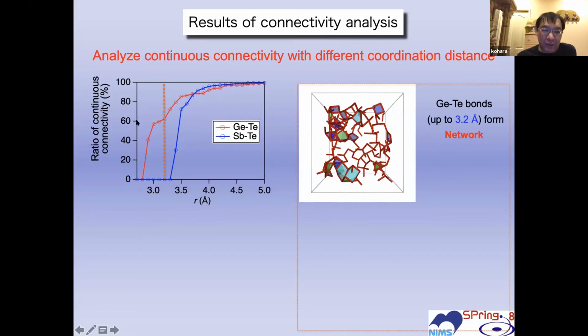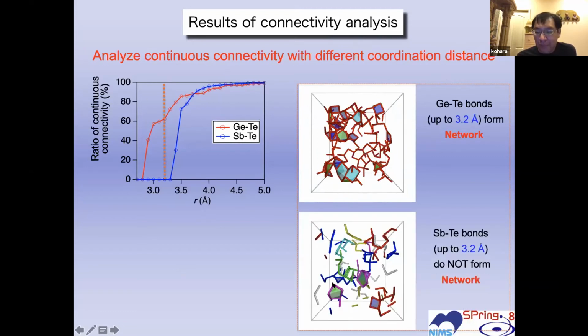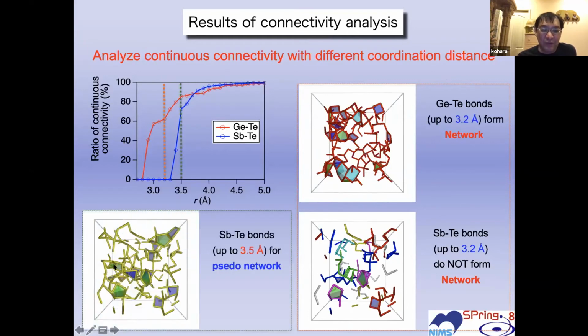But for antimony tellurium, up to 3.2 angstrom, there is no network. However, if we extend this threshold distance up to 3.5 angstrom, we can find a network. But this is not a true network because the distance is greater than the first coordination distance. So we call this a pseudo network in antimony tellurium.